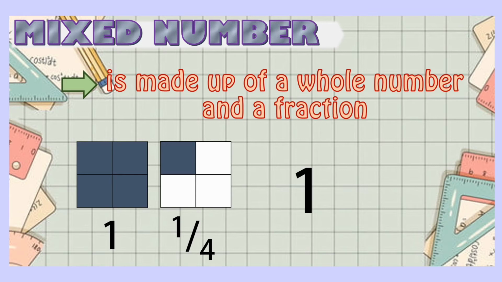So we can express this as 1 and 1/4, which is a mixed number. 1 being the whole number, 1 being the numerator or the shaded part of the second square, and 4 being the denominator or the number of parts the square is divided into.